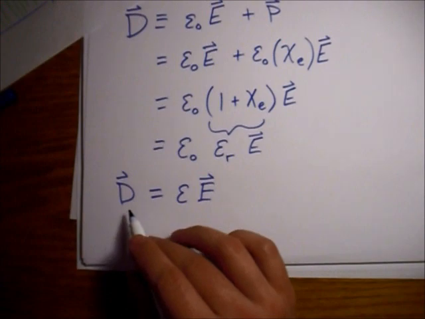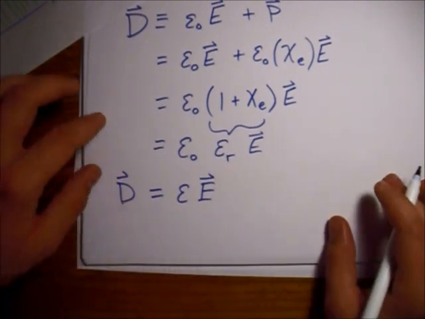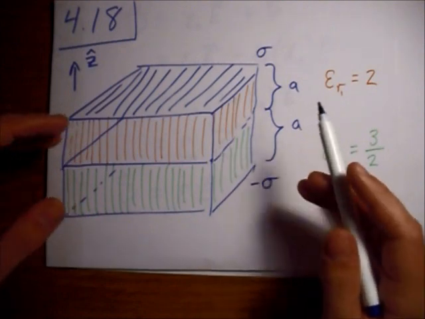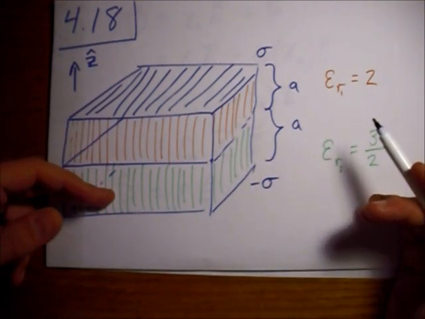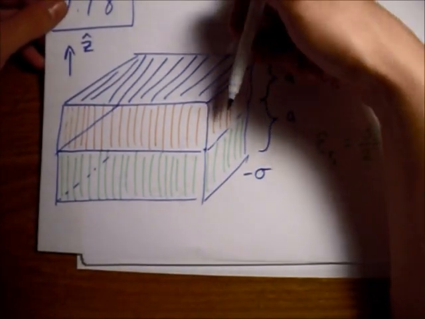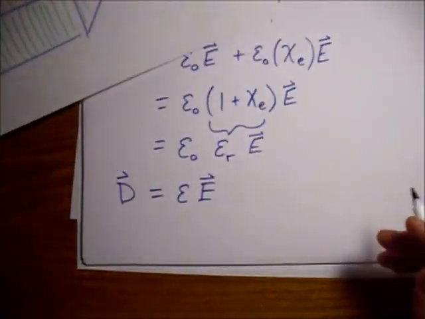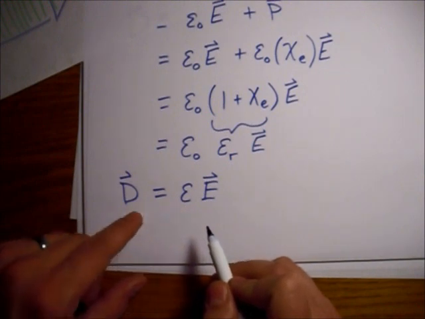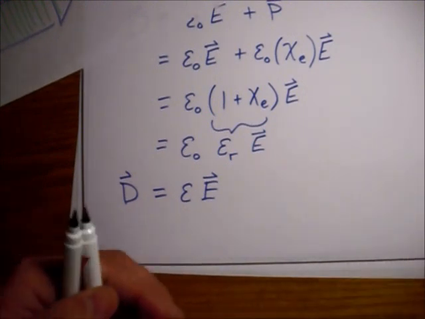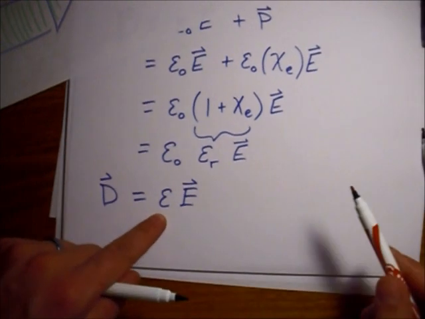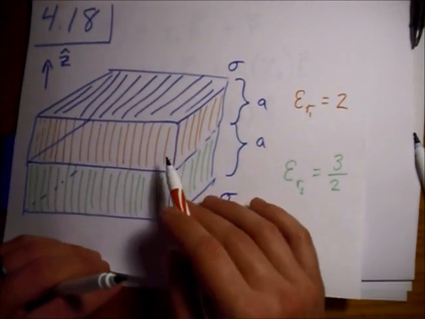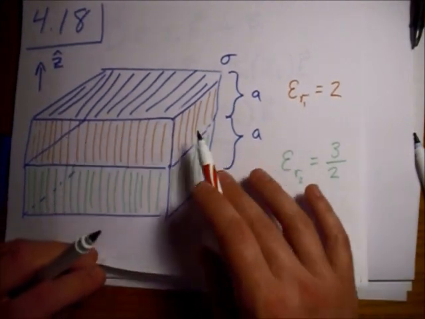So yeah, if we know D inside these slabs, right? It is the same for both of them, and it's just sigma, and then a direction pointed down. Now to find E, we just divide by epsilon. So let's look at this original one right up here.